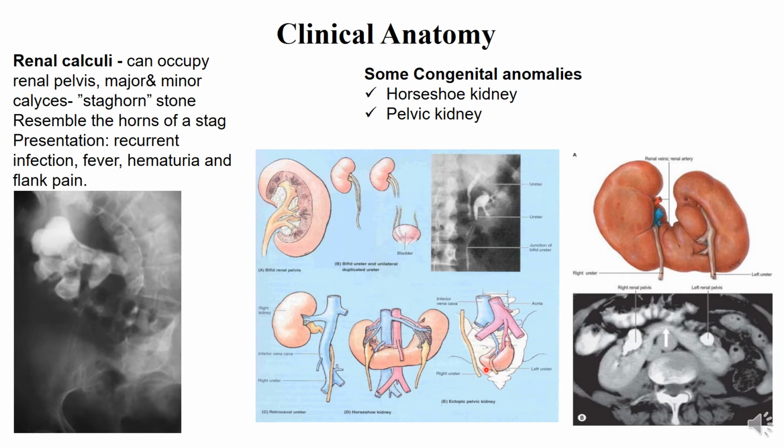Although this is not really very common, awareness of the possibility of having an ectopic pelvic kidney is very important because after birth, if the physician finds a mass like this in the pelvis, he should be aware that it can be an ectopic pelvic kidney and should not mistake it for a tumor in the pelvis or something like that.